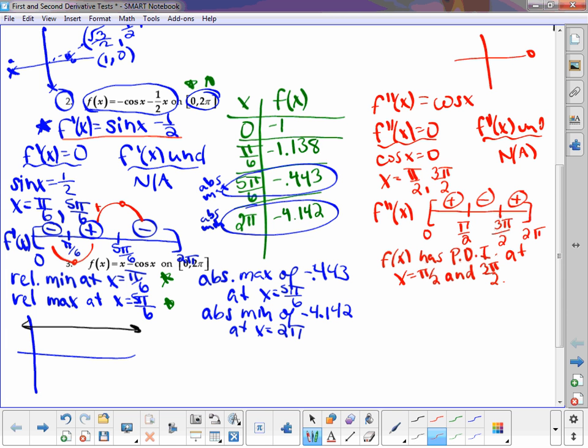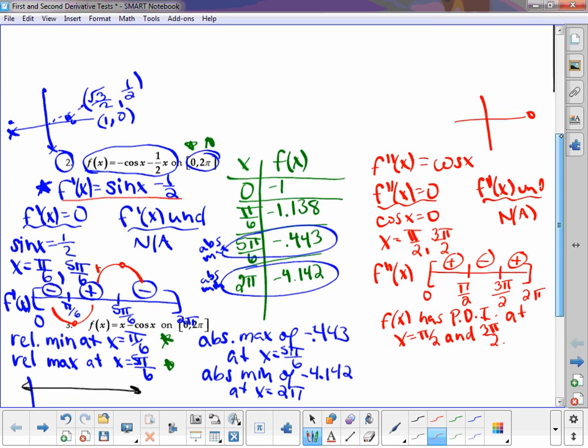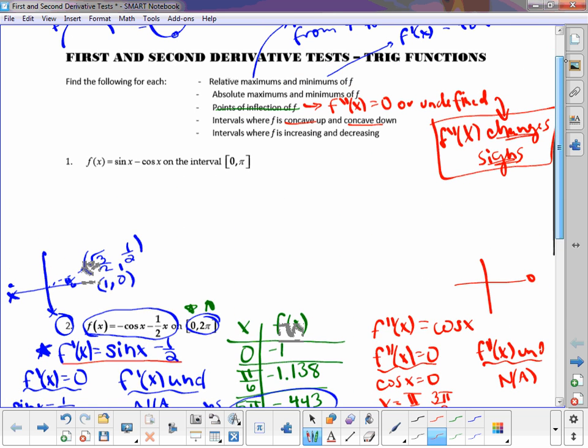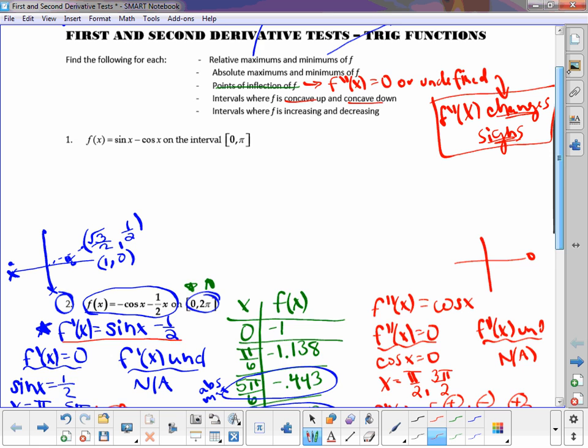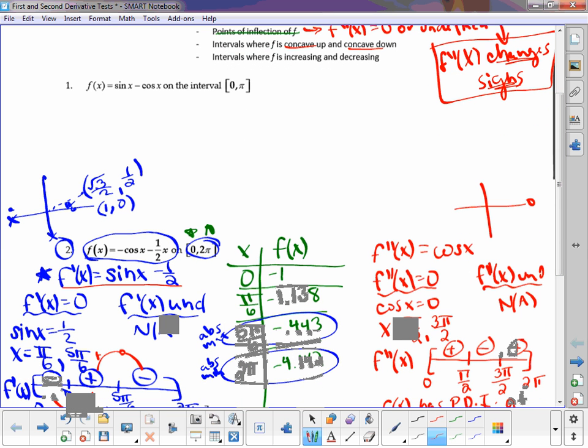Okay, and now we can finally take our information from our number lines and translate that all into our intervals of concave up, concave down, increasing and decreasing. What's my justification for concave up? What's positive? It's second derivative. Remember, we have to specify what function we're talking about.